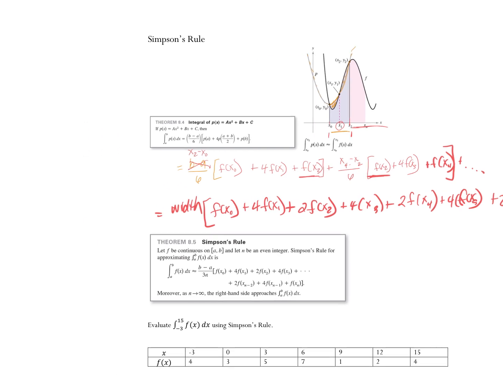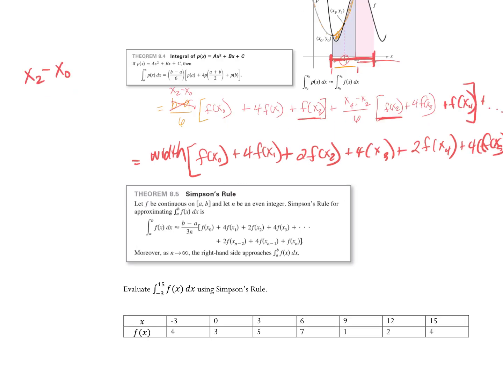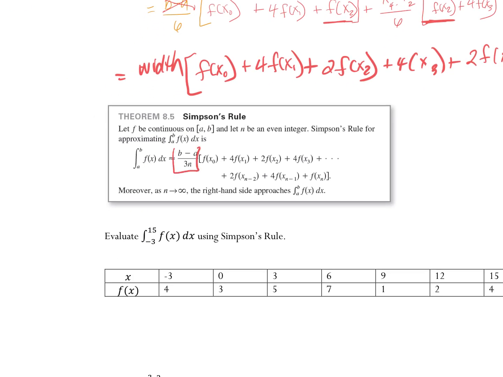All right, now, we talked about the width of the interval. So what is the width of this interval? It is x2 minus x0, yes? And we divide, it ends up being (b minus a) over 3n.